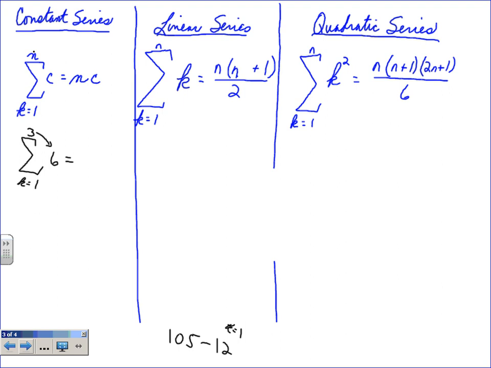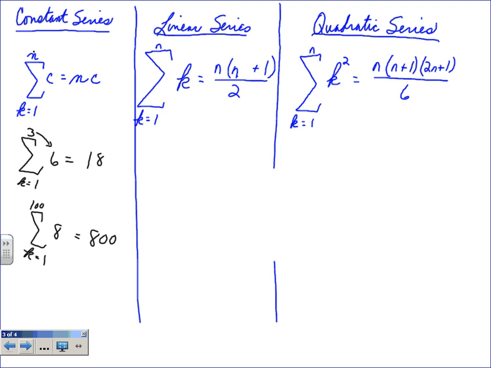So the sum of the first 3 numbers here is 18. That's how a constant might work. The sum of the first 100 numbers of 8 would be 800. Easy enough, right? This is for a constant series. A constant, no variable here, just the number 6, the number 8.